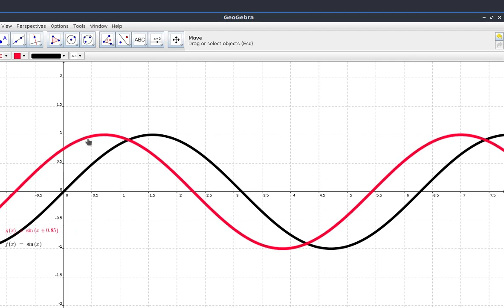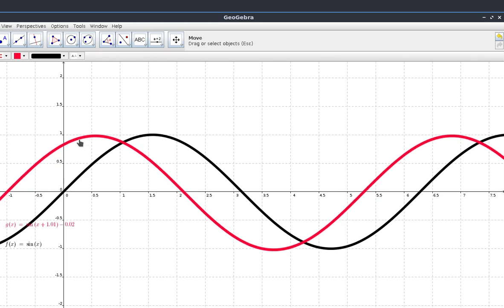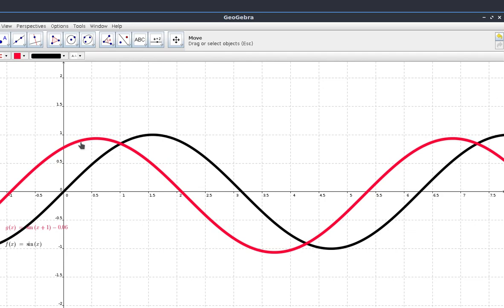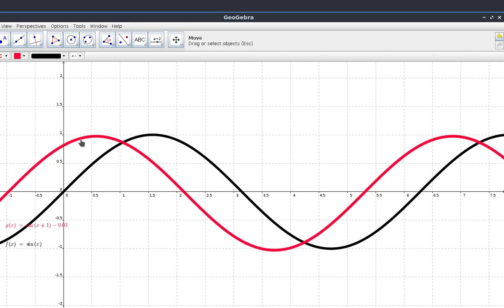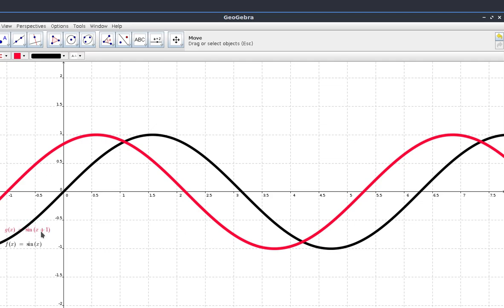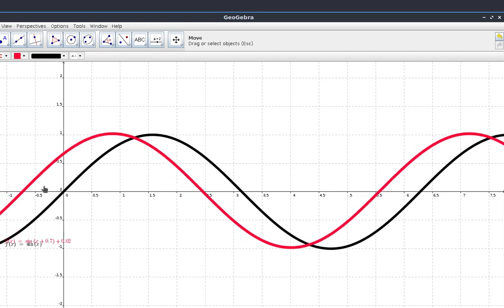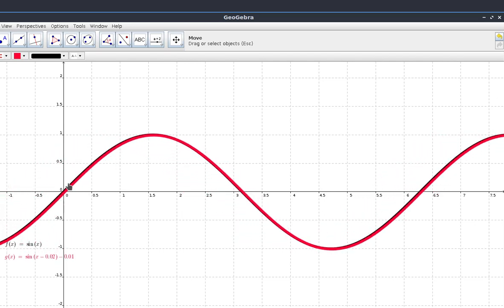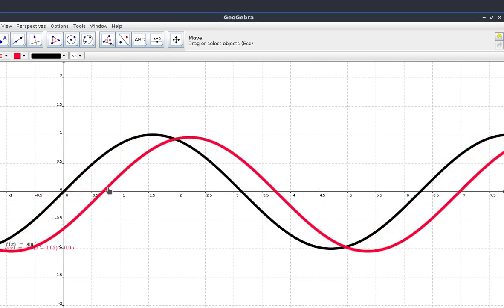I want to shift it back one place. Alright, so this is y equals sine x plus 1. You see that? And as I shift it to the right, you see when I pass the red graph, it turns negative.